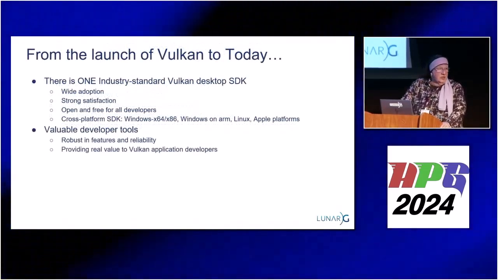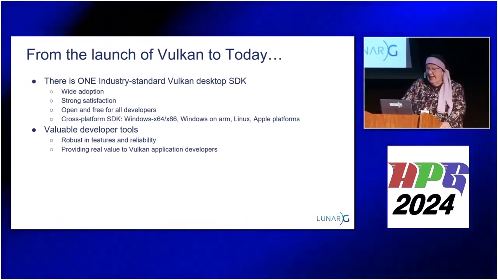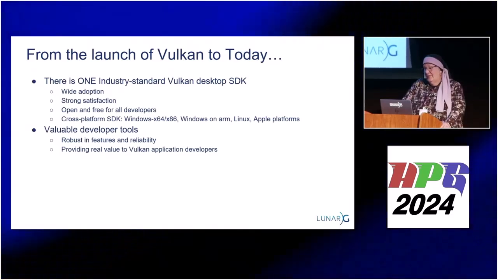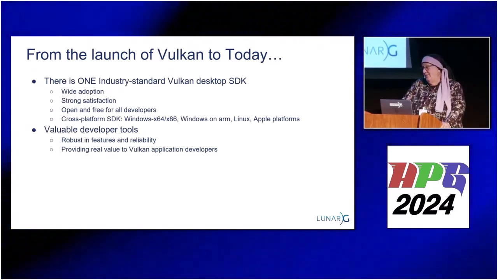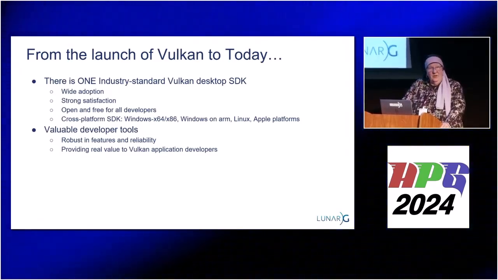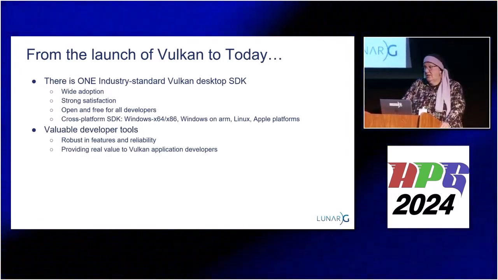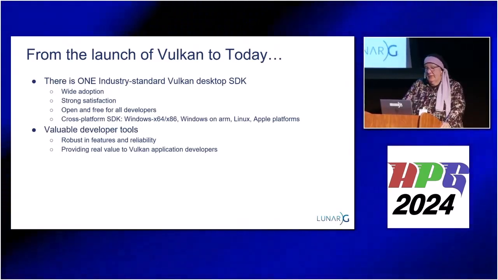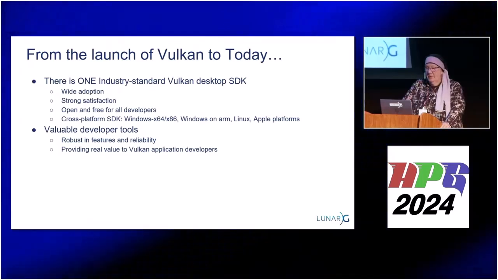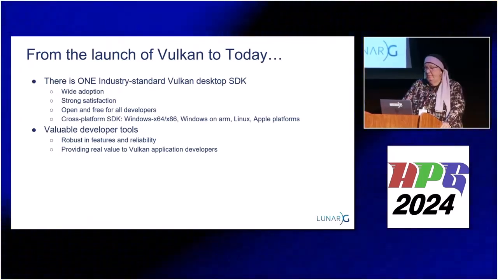So from the launch of Vulkan to today, there's, in essence, one industry standard Vulkan desktop SDK. I never knew it would become that, but I'm pleased that it has. There's very wide adoption of it. There's strong satisfaction from the ecosystem surveys. It's open and it's free for all developers, and it's cross-platform.